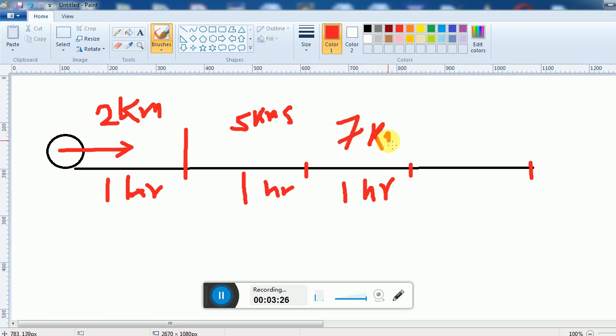So what you can see, the car is not covering equal distance in equal intervals of time, or you can also say it oppositely. So that is why this is not uniform. That is non-uniform, or variable, you can say. The speed is varying. So that is non-uniform speed.